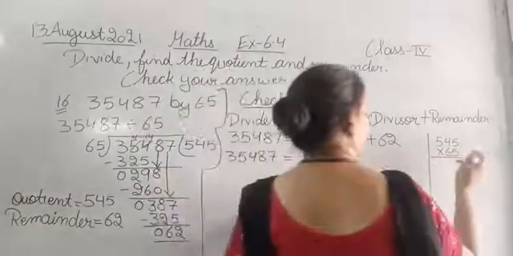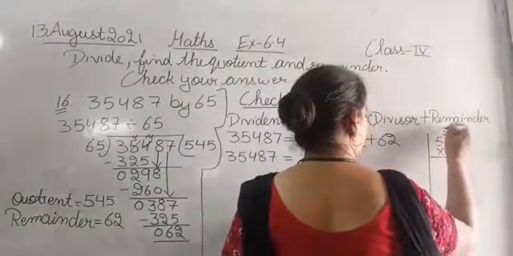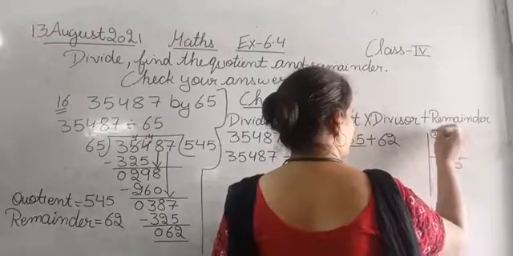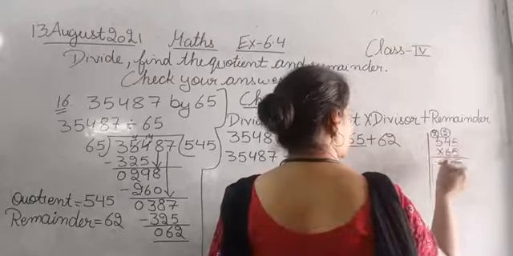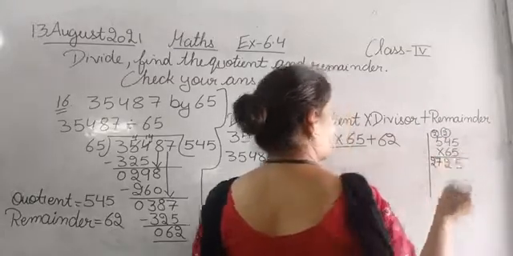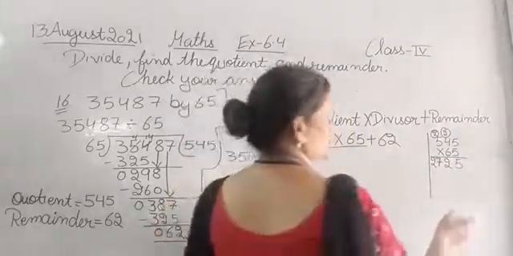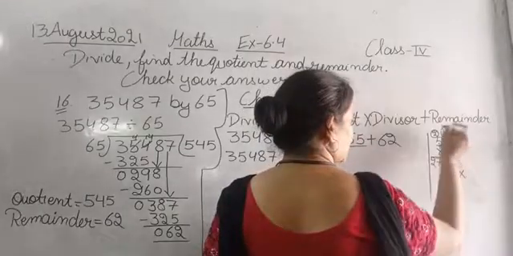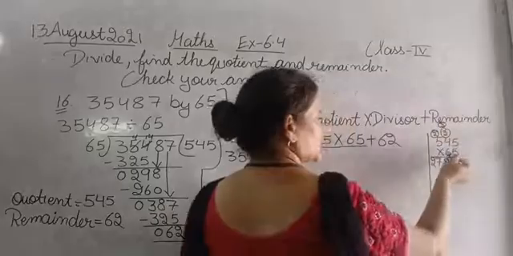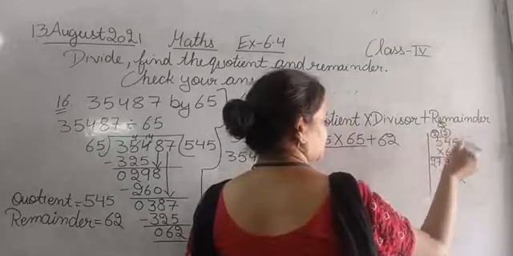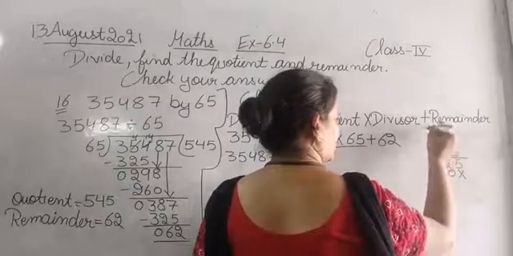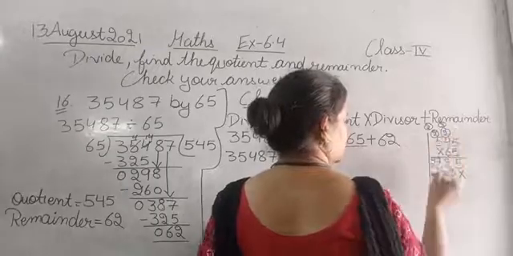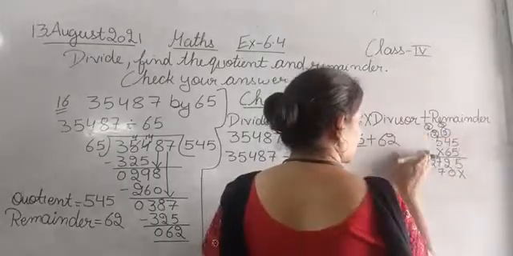So 5 5s are 25, 2 carried. 5 4s are 20 plus 2, 22. 5 5s are 25 plus 2, 27. Next, put a cross here. 6 5s are 30, 0, 3 will be carried above. 6 4s are 24 plus 3, 27, 7, 2 will be carried above. 6 5s are 30 plus 2, this is 32.